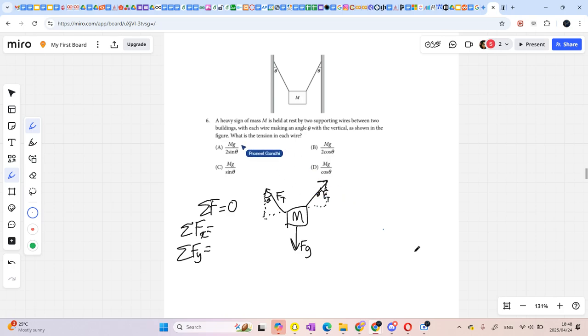Using SOHCAHTOA, those horizontal components equal FT sine theta. We define positive as pointing to the right, so this one is for the right wire, and for the left wire it's the same but in the opposite direction, so minus FT sine theta, and that equals 0.